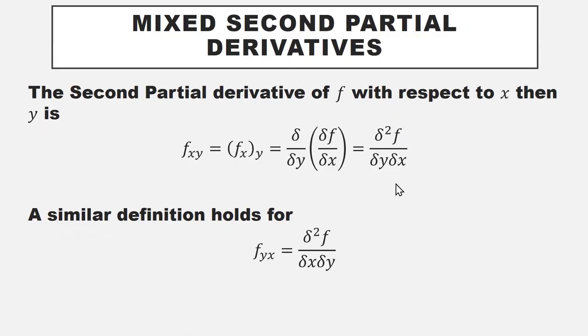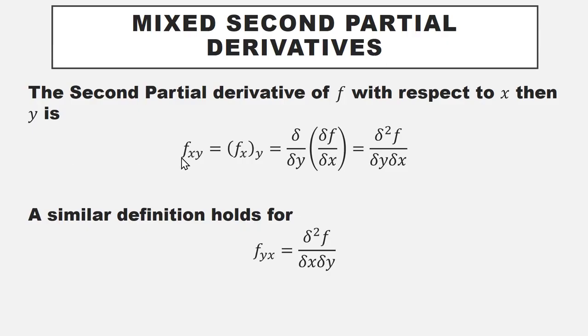Now, here's something that doesn't happen with single variable functions. I can take a mixed second partial derivative. So I can take a second partial derivative where my first derivative I take with respect to x, and then my second derivative I take with respect to y.